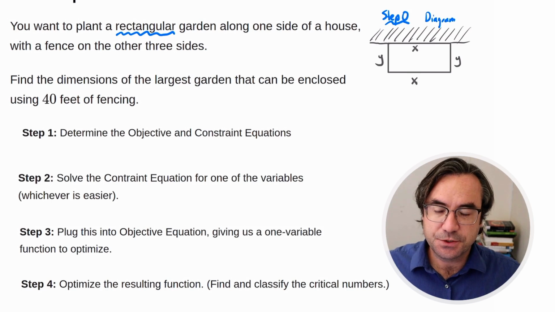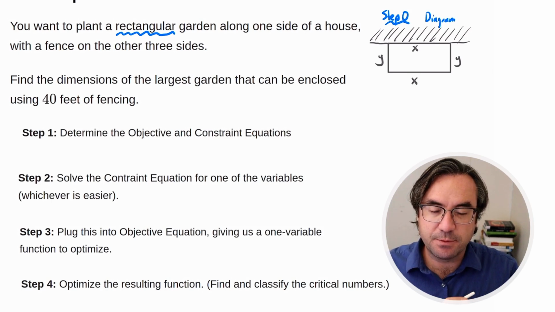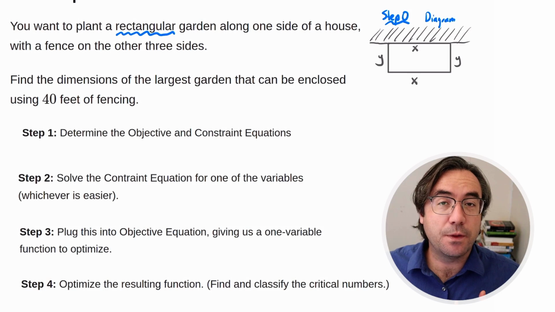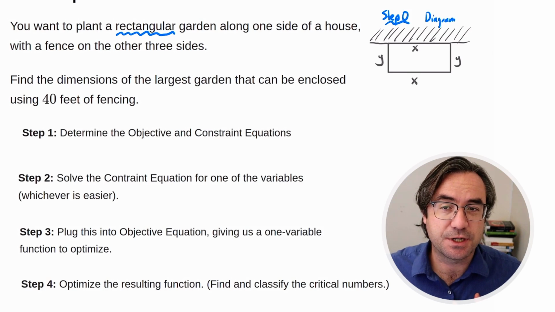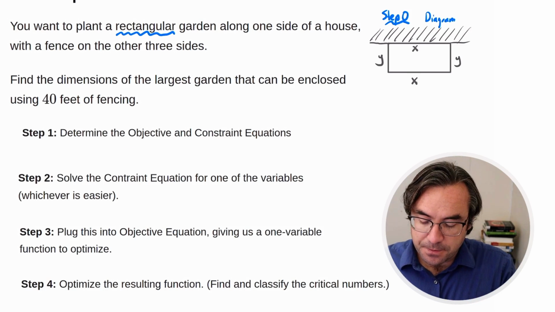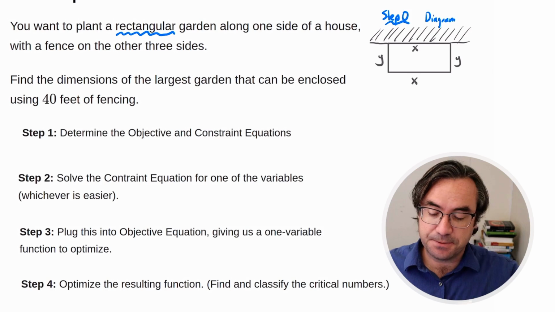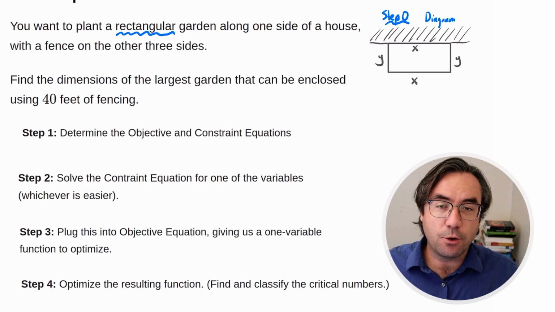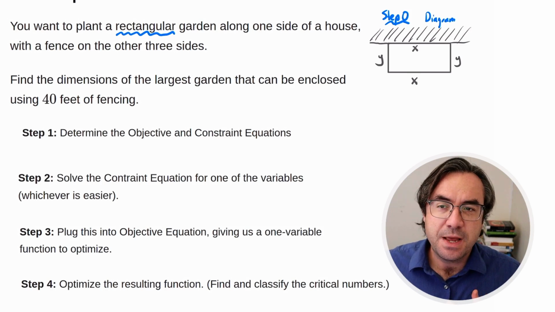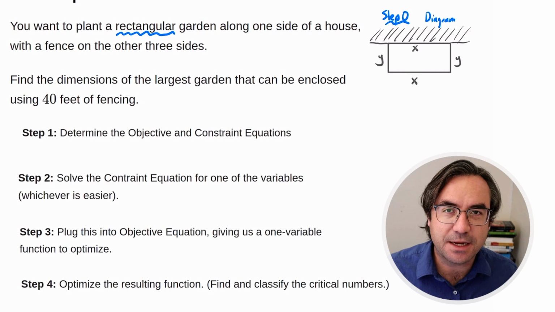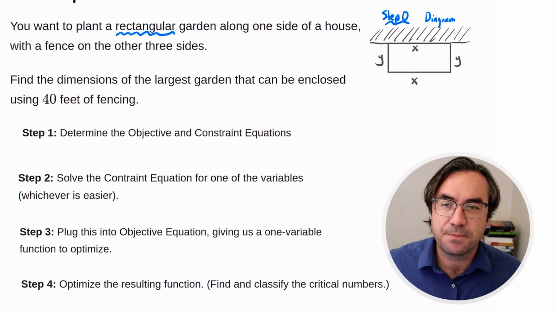All right, so for our constrained optimization, the first real step is figuring out what the objective and the constraint equations are. The objective is what we want to maximize or minimize. So again, we want to go back to the wording of our problem and look for where it indicates find the maximum of or find the minimum of.